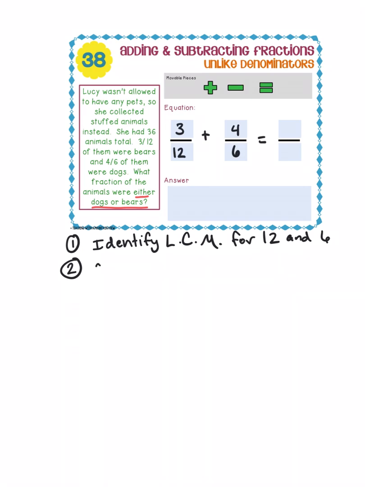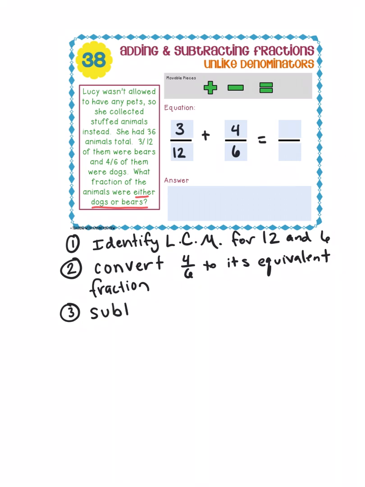Step 2 is convert 4/6 to its equivalent fraction using your least common multiple. And then step 3 is to add.